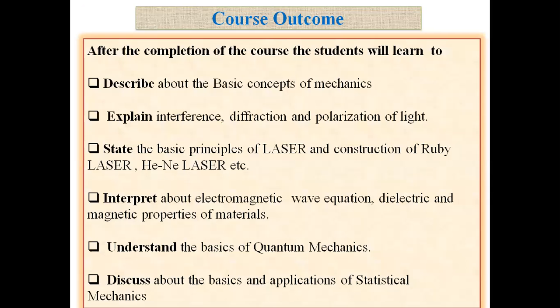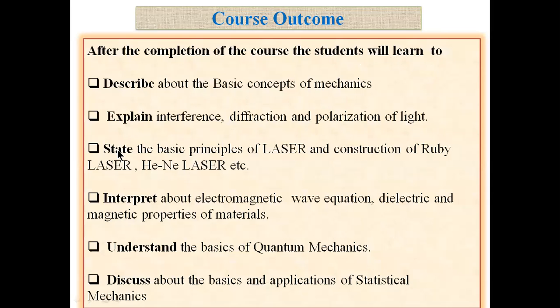Now the course outcome of this course. After the completion of the course, the students will learn to describe the basic concepts of mechanics. Students can explain interference, diffraction, and polarization of light.